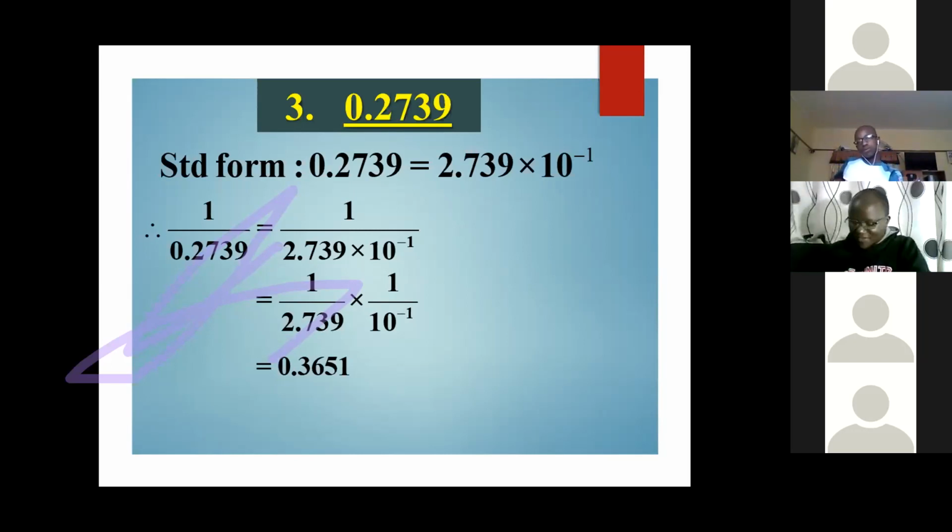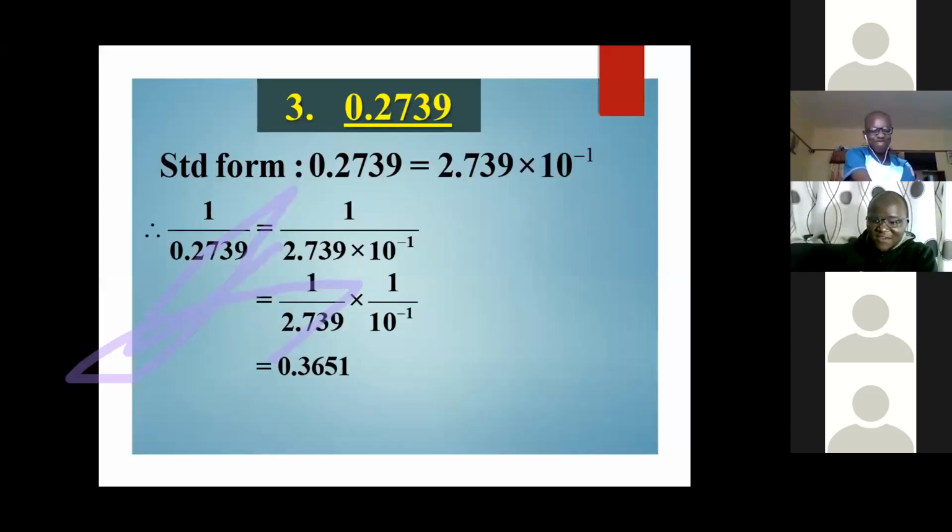I'll put off this screen and say this. I want to have this on a piece of paper so that someone will get to know what I want to say here. I remember I taught you indices and I gave you laws of indices.